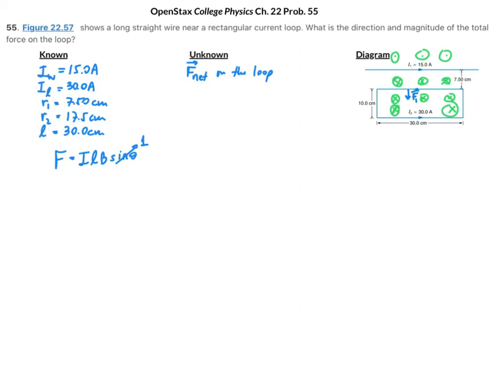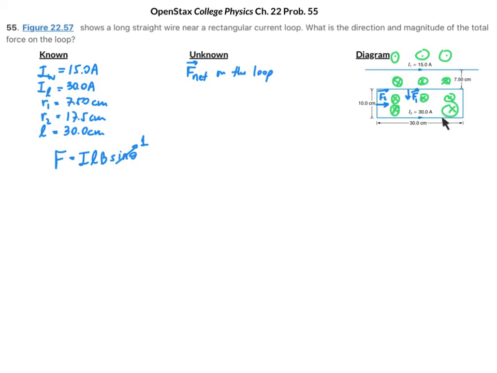Then I will go around this way, and on this portion of the wire, the current is going down, the magnetic field is into the page, so I bend my fingers in that direction, and my thumb will be in that direction. I'll call this F2. Then I follow the direction of the current, so the current is to the right.